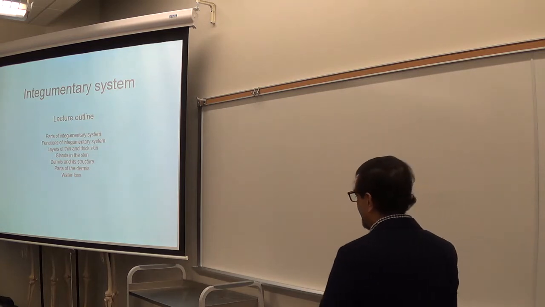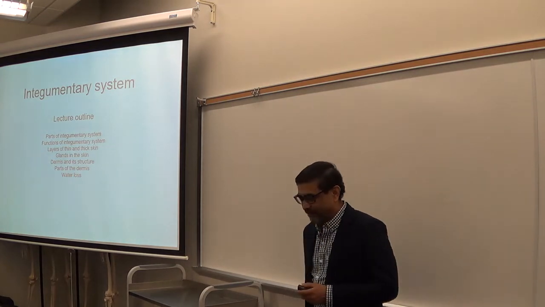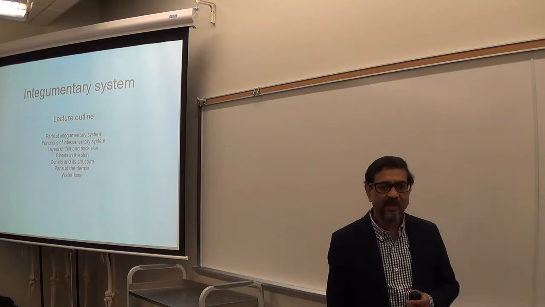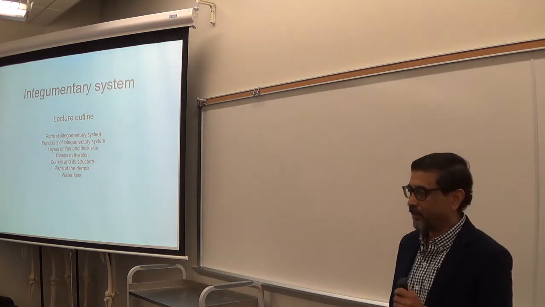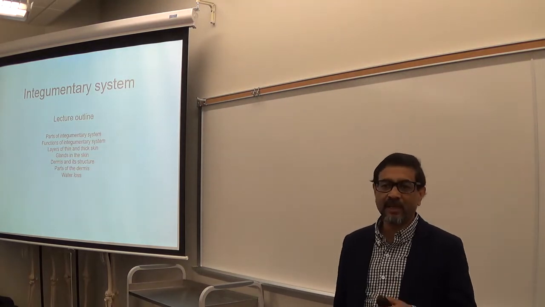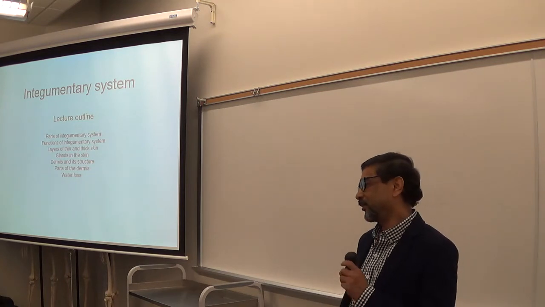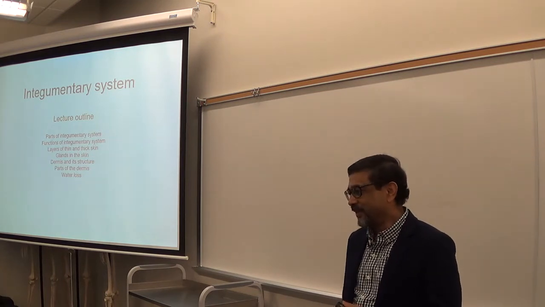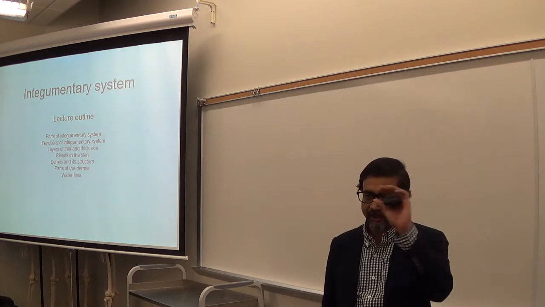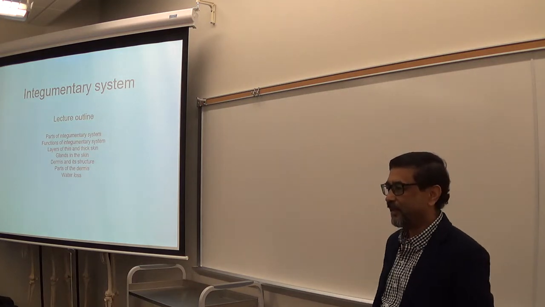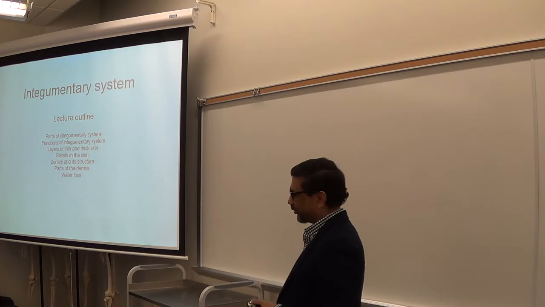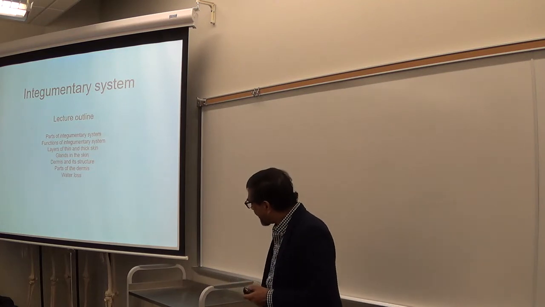Those are two layers of the skin. Skin has two layers. Outer layer is called epidermis and inner layer is called dermis. Okay? So we'll see the structure of epidermis and the structure of dermis.